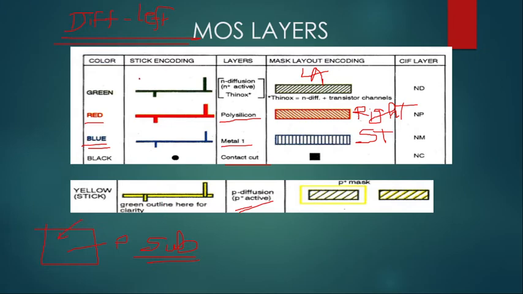Because it is for making NMOS the P substrate is there, so only green color is used, but for making the PMOS you will be needing an N type substrate. So for N type substrate this green color is showing the outline of the N type substrate, and for the P diffusion you will be using yellow color. So yellow color is used for P diffusion, first thing, and it is outlined with green color because N type substrate is used for making P diffusion.